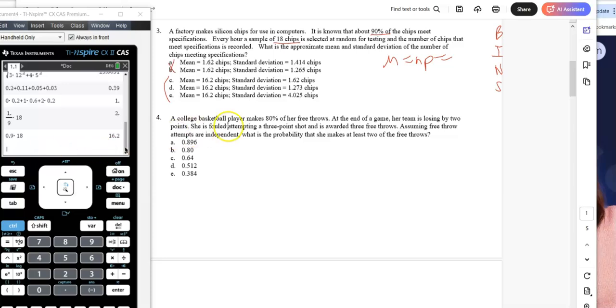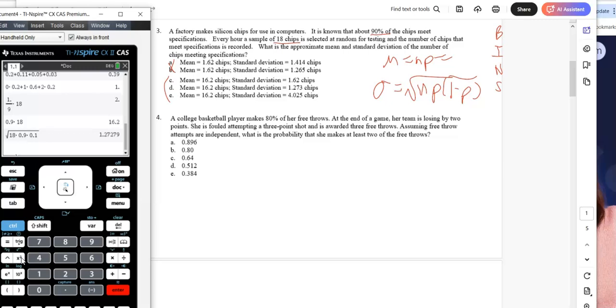Standard deviation, I believe, is the square root of n times p times 1 minus p, something like that is the formula. So this would be the square root of 18 times 0.9 times 0.1. 1.27, so there you go.